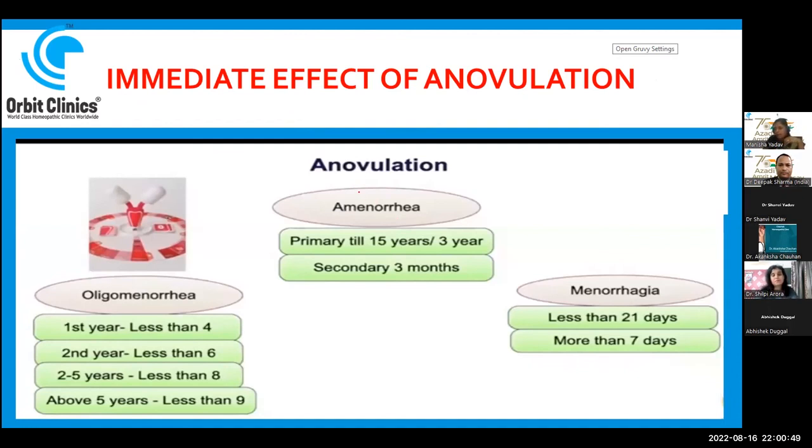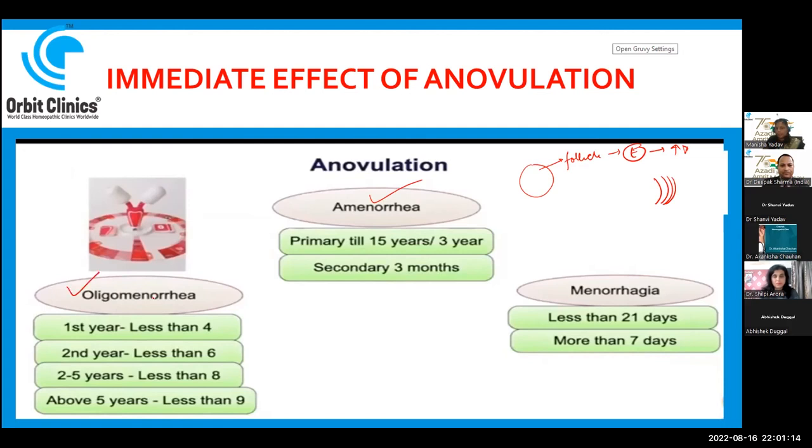This anovulation will cause amenorrhea because, since there is no ovulation, only follicles are growing. So what will happen in the ovary? Follicles are secreting what? Estrogen. Excess estrogen is increasing. There is proliferation of the uterine lining and it will not shed. So the patient will give a history of amenorrhea.